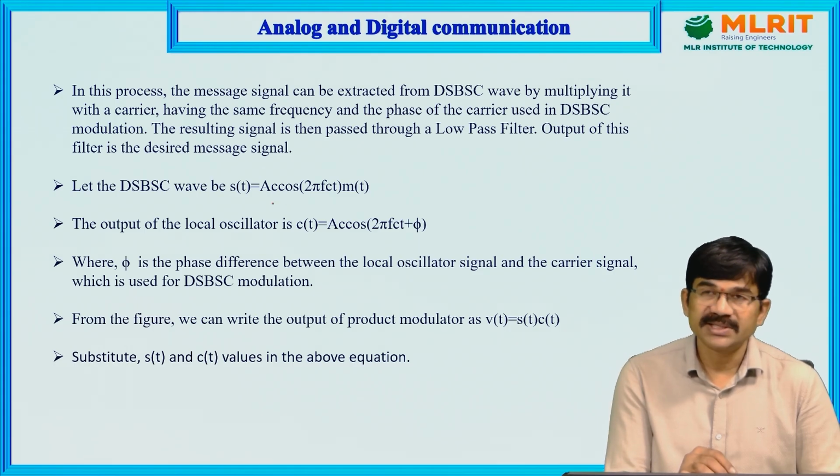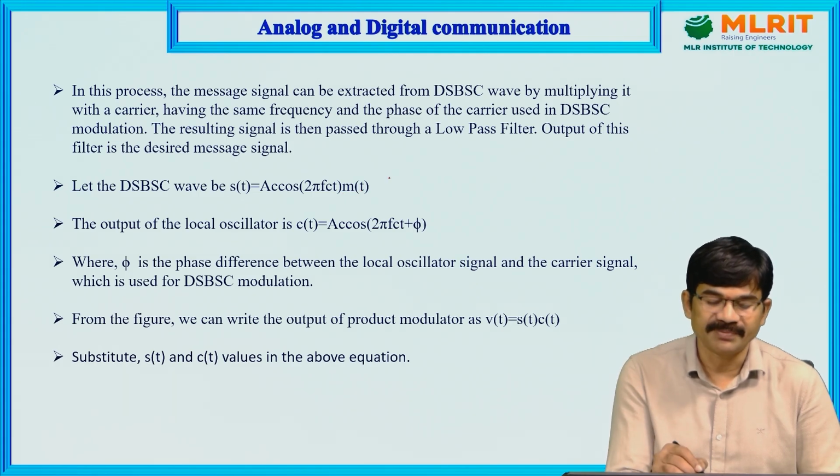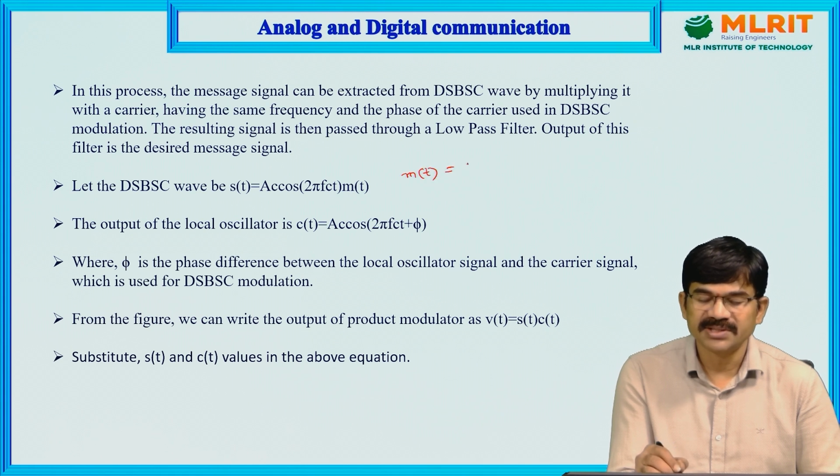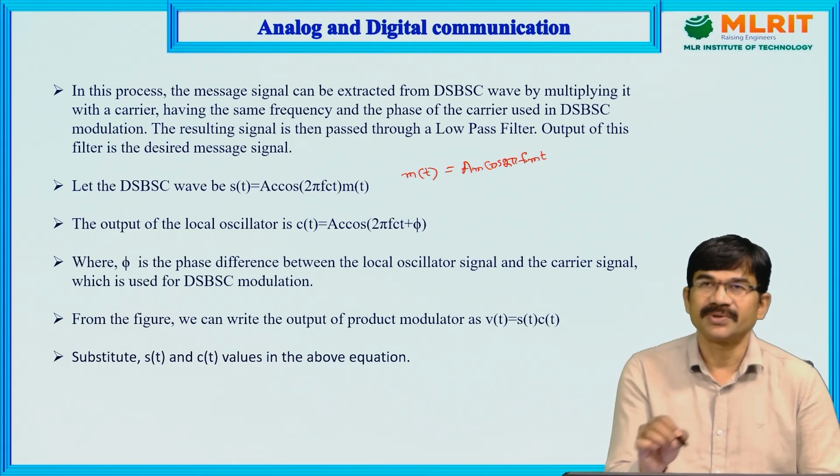So s of t is Ac cos(2 pi fc t) m of t, where m of t is Am cos(2 pi fm t), the original information.